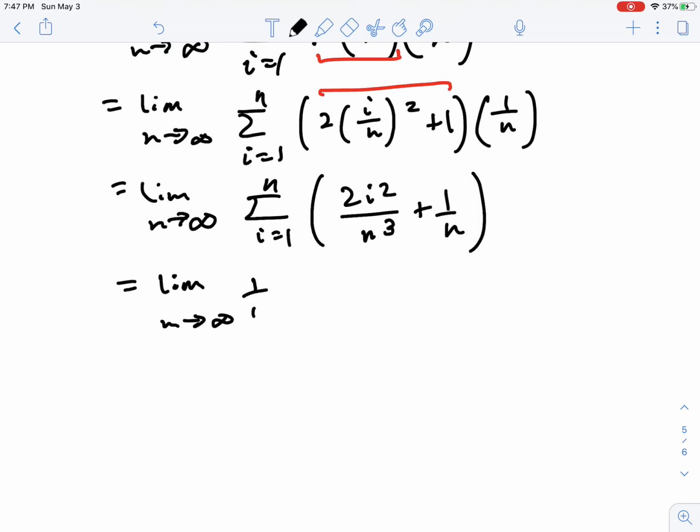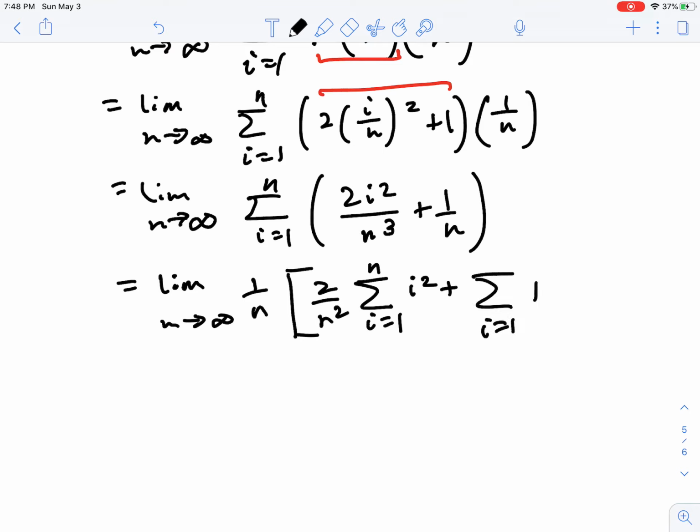So just like we did previously, I'm going to factor out that 1 over n. And that's going to give me 2 over n squared here, just for this first term, times i squared plus now this.